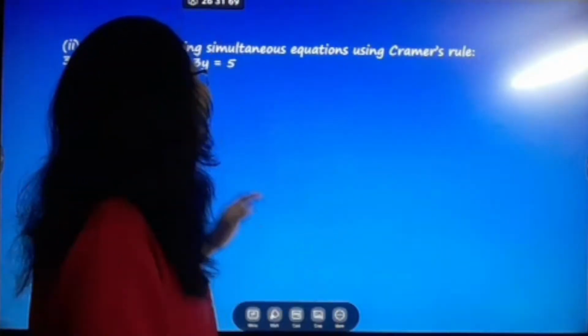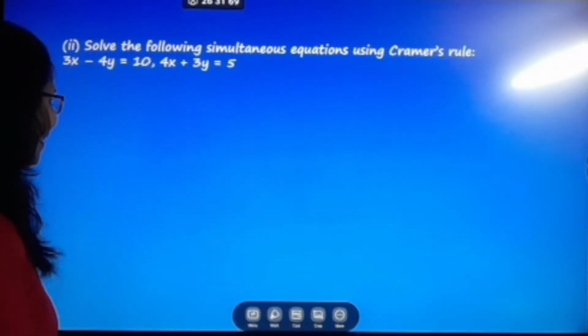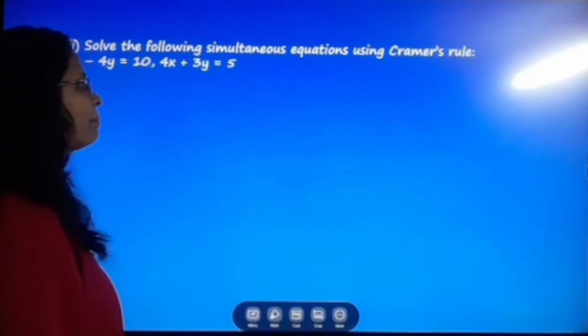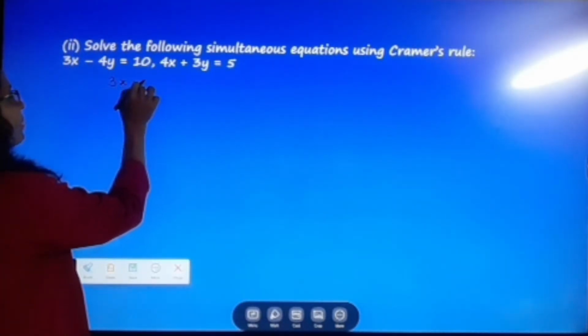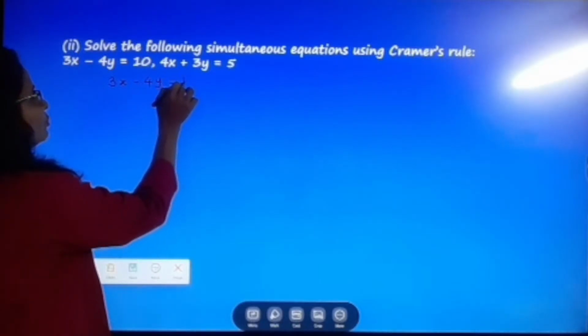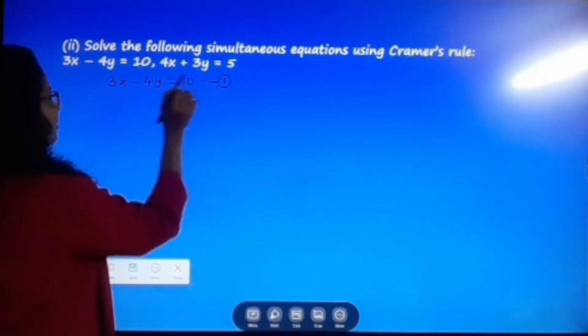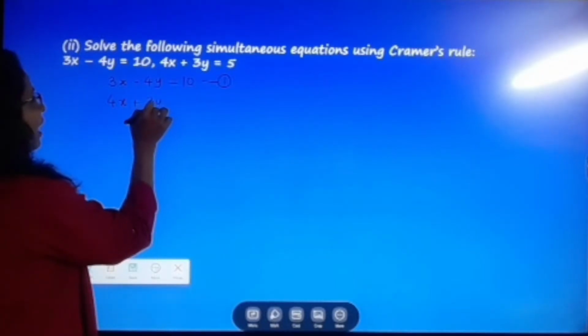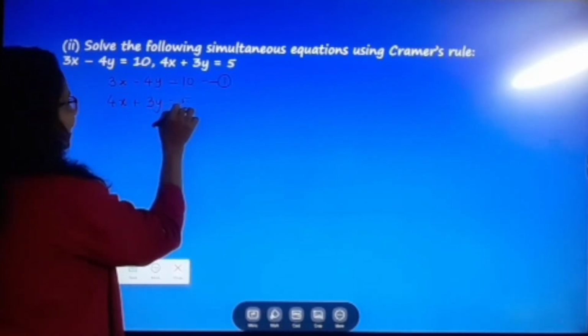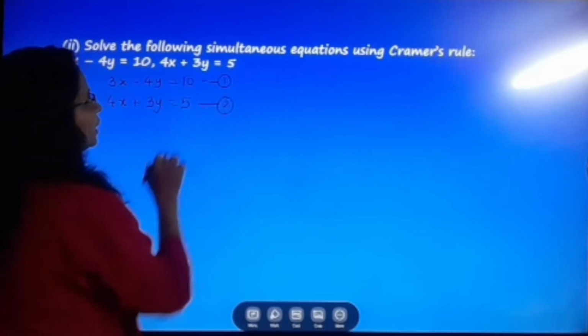Okay students, let's see this example now. Okay, by Cramer's rule. First I write down the given equation 3x minus 4y is equal to 10 and call it the first equation. Then 4x plus 3y is equal to 5. Call it the second equation.